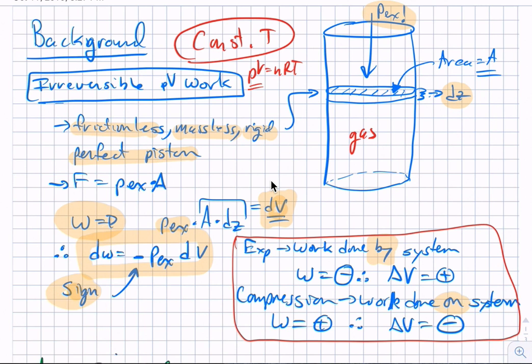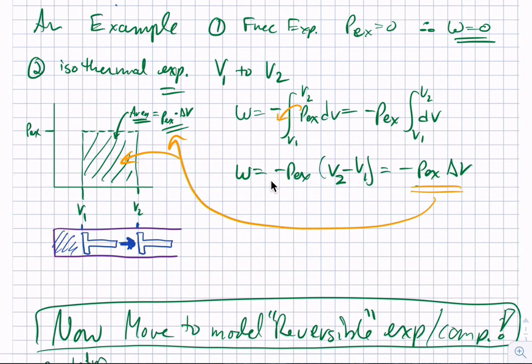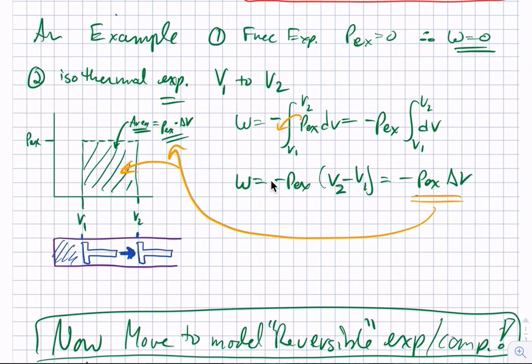So let's take these concepts and apply that to an example here. This is actually two examples. First, if we're going to do what's called a free expansion, and we set the external pressure equal to 0, we can never do any work simply because we're not pushing against anything in the surroundings.